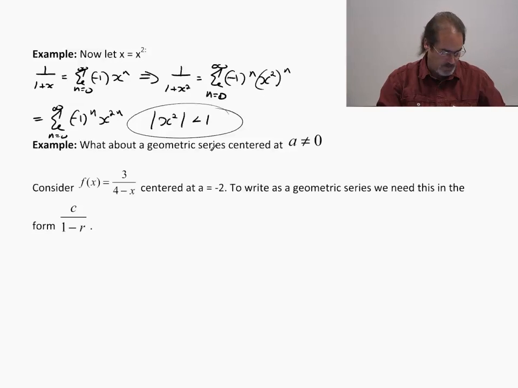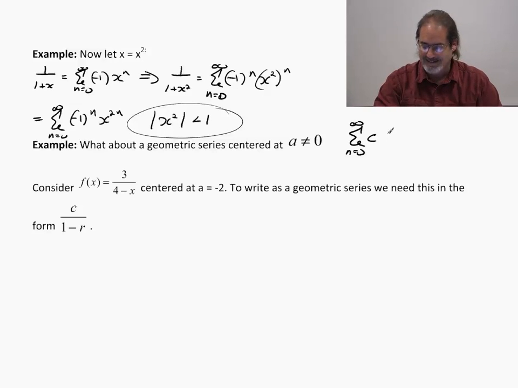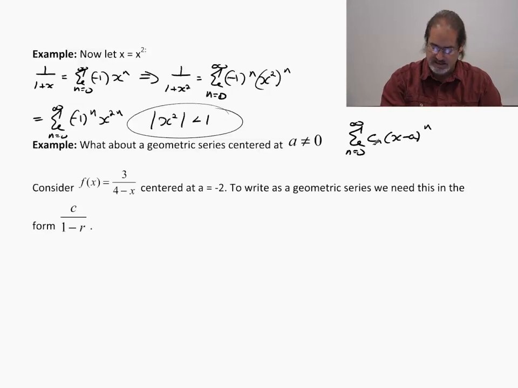Now, so far, all of these have been centered at a equals 0. Remember, we said the general form for the power series was the sum n equals 0 to infinity of some constant c_n times x minus a to the n. Well, so far this constant c has been 1, and a has been 0.